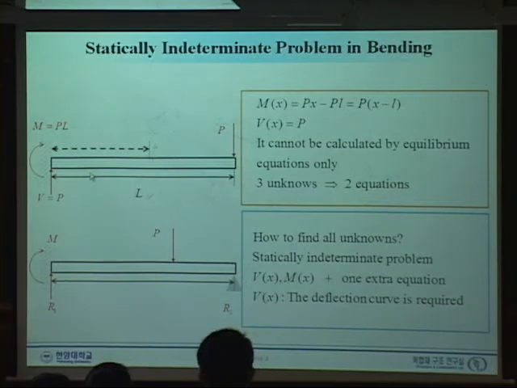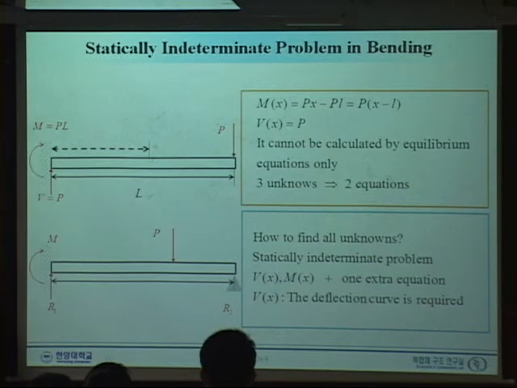And in this chapter, we need to pay attention to the statically indeterminate problem. What is a statically indeterminate problem? Well, we cannot calculate the reaction forces by considering only static equilibrium equations.